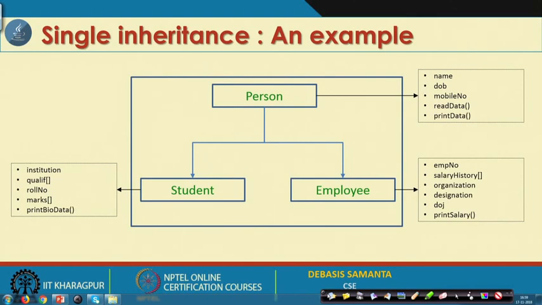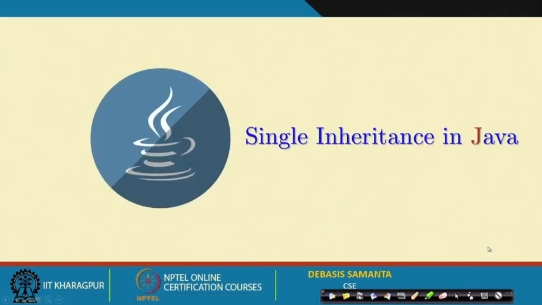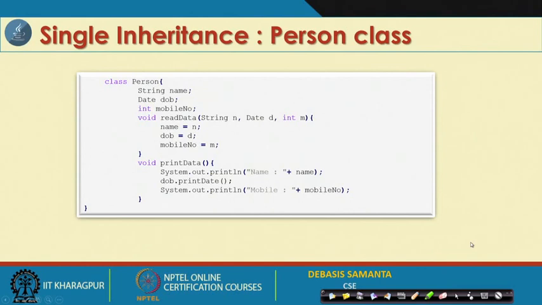By means of inheritance, all the code which is there, for example these methods, which are nothing but code, can be accessed by the Student class, and all the code is also accessible to the Employee class. So code reusability is there. By means of inheritance we can have this. Now, as a quick Java programming example, we can say class Person that we have declared, whatever idea we have mentioned here is written in Java code.